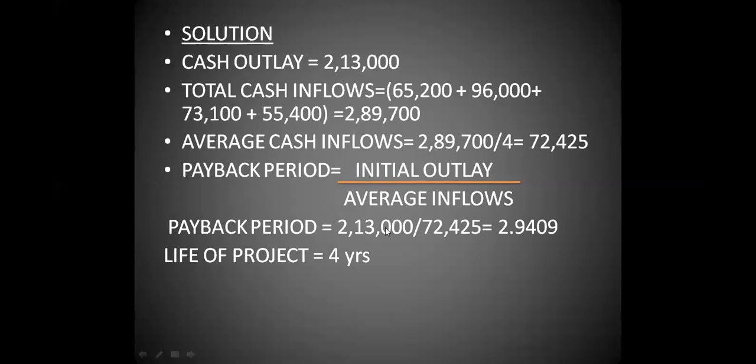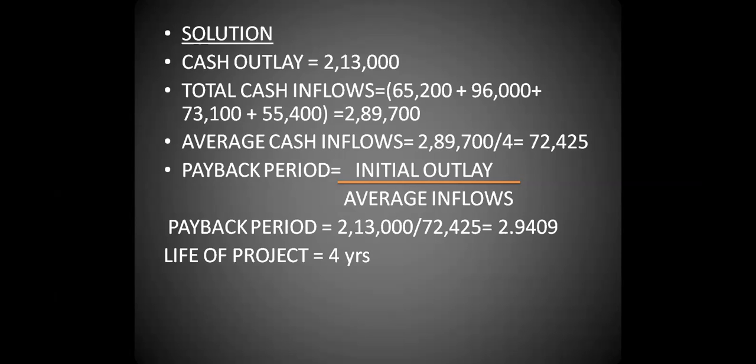So I'll tell you the solution, or how we are going to find IRR step by step. The first step is that you write down what your cash outlay or cost of investment is. The cash outlay in this question is 2,13,000, which is given to us in the question.